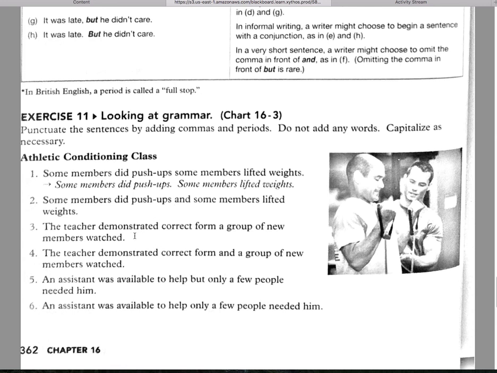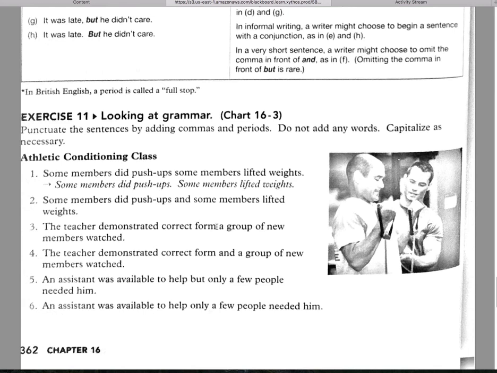Number 3. The teacher demonstrated correct form. A group of new members watched. So here you have two options actually. The teacher demonstrated correct form, period, capital A. A group of new members watched.